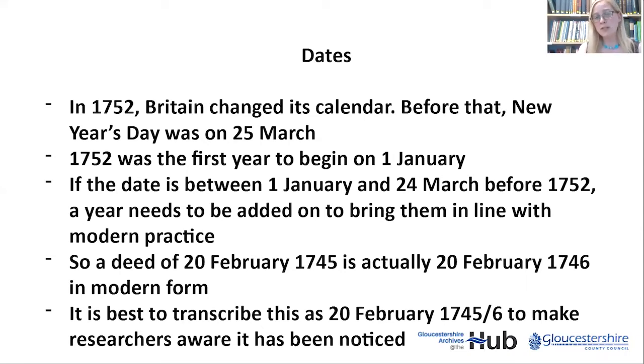So a deed of the 20th of February 1745 is actually nowadays the 20th of February 1746. What we would do in this case is transcribe it as 1745/6, so that anyone looking at the transcription, or the catalogue entry, or your interpretation of somebody's will, for example, would know that you have taken that into account. So just be aware of that when you're looking at anything before 1752.